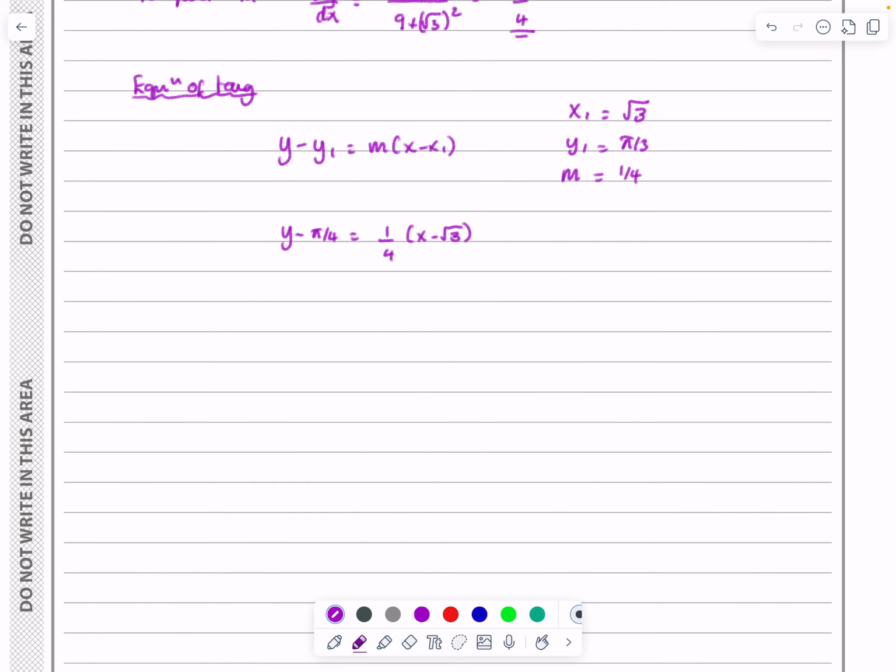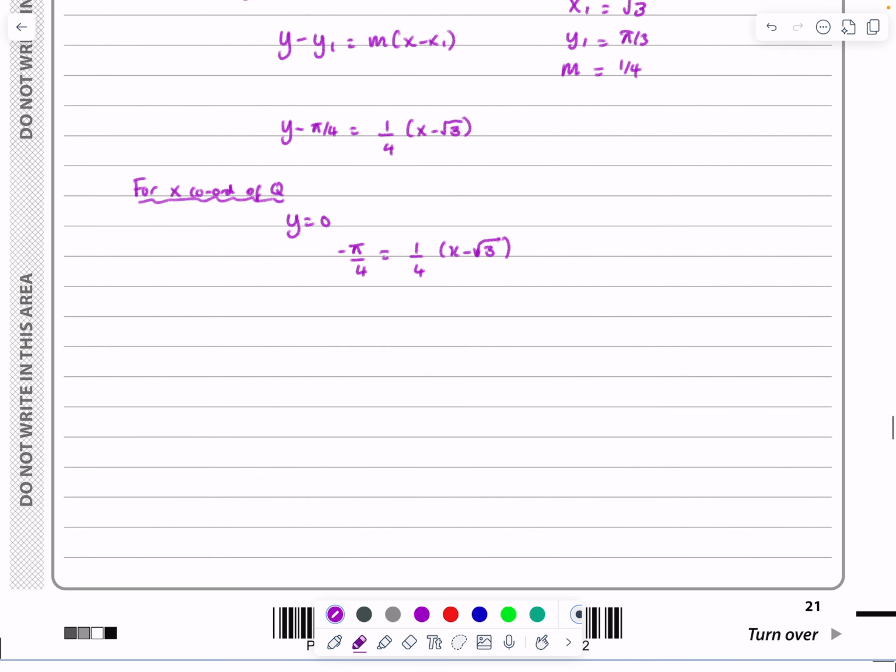Now you can tidy that all up if you want, or you can just say straight away, well, for Q we want y equals 0. I'm going to do that immediately. I'm going to say for the x coordinate of Q, y equals 0, and so I get minus pi over 3 is equal to a quarter (x minus square root of 3).